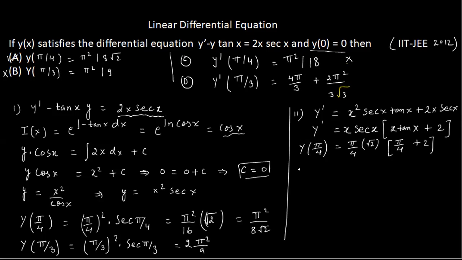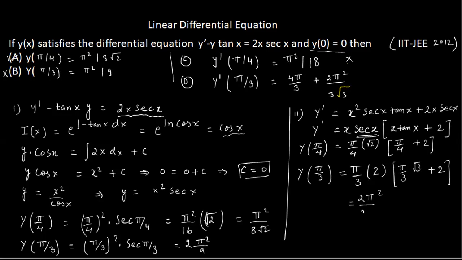Okay, so finally, let us plug in x equals pi by 3. So this is pi by 3. Sec pi by 3 is simply 2. Pi by 3 into tan pi by 3, which is root 3, plus 2. Multiply, we get 2 pi square divided by 9 into root 3.